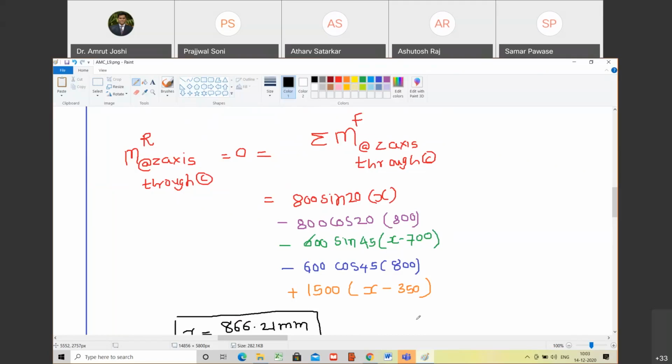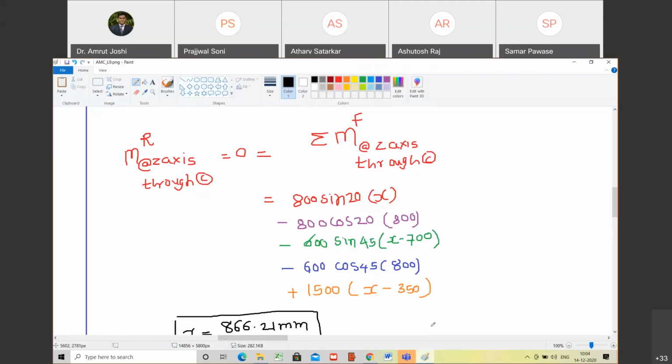Sin 20 minus 800 into 800 cos 20 minus 600 into bracket alpha x minus 700 into sine 45 minus 600 cos 45 into 800 plus 1500 into bracket alpha x minus 350 alpha equal to 0. Shift solve. No, 866.21 mm is correct.